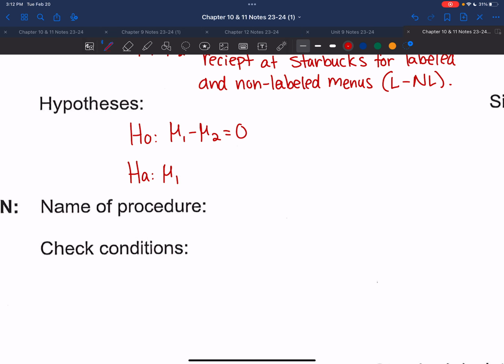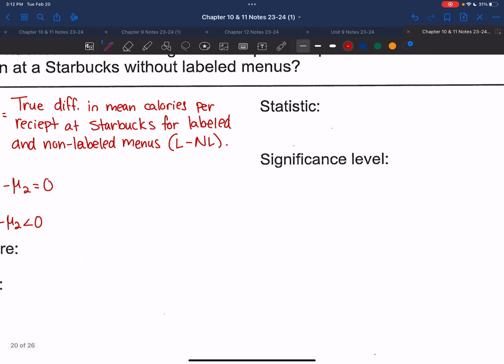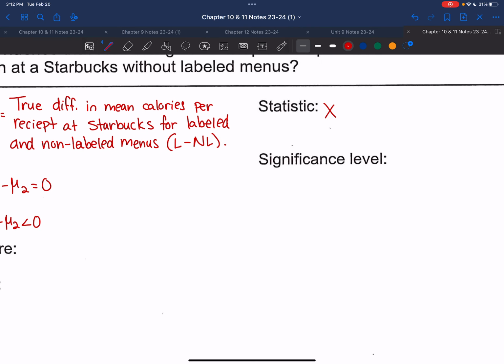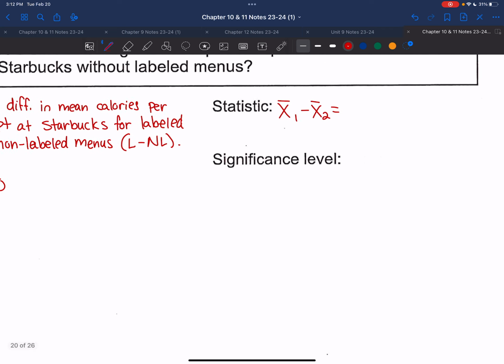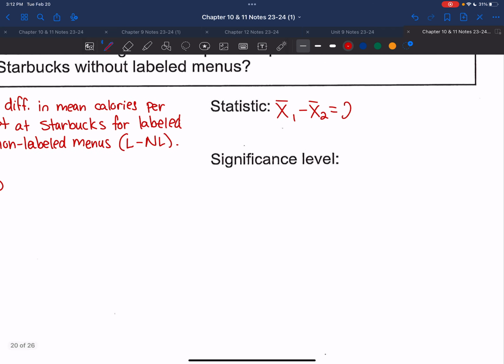So I'm going to say mu sub 1 minus mu sub 2 is less than 0. Now my statistic, it told me mean 1 and mean 2. So the mean calories at location 1 was 225 minus 265 for location 2. So I'm going to get negative 40 as my statistic. And my significance level in this case is 0.05.